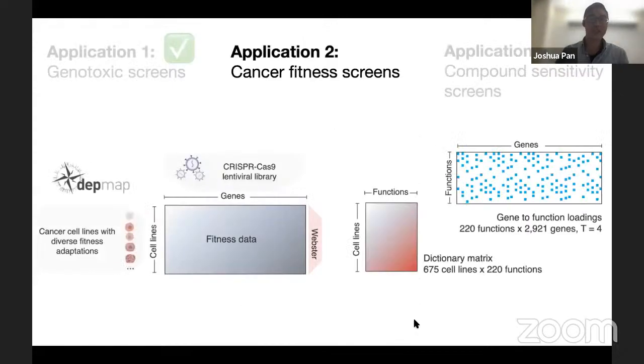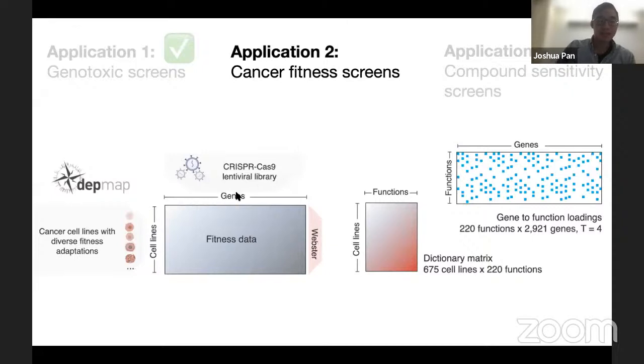Okay, so I'll briefly touch on 2 other applications. The first is that we scaled our approach to a much larger data set called Dependency Map. Instead of treatments over the same cell line, Dependency Map is a set of screens over diverse cancer cell lines, each of which has its own unique fitness adaptations and different combination of activated pathways. So it's a great testing ground for this method.